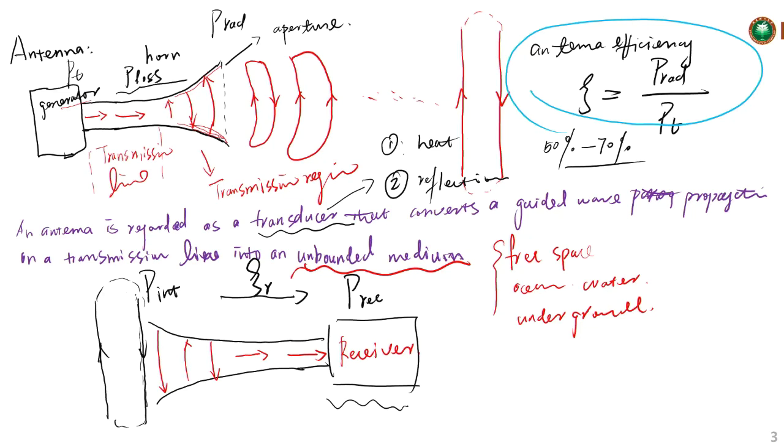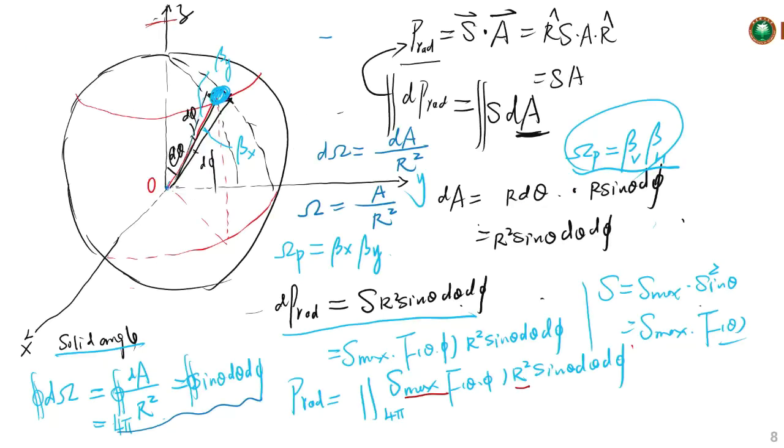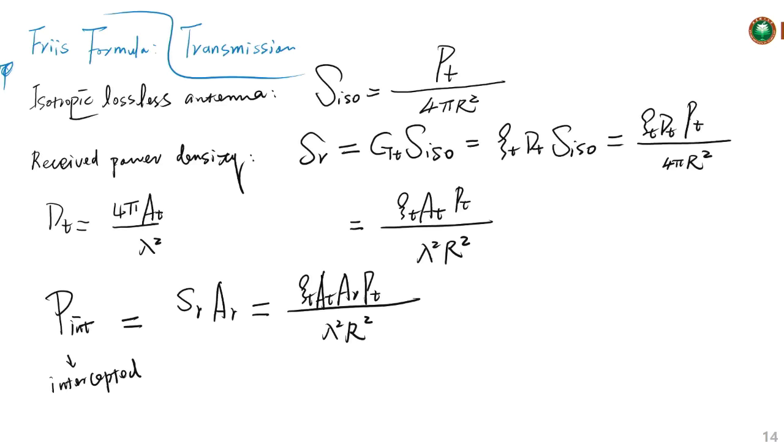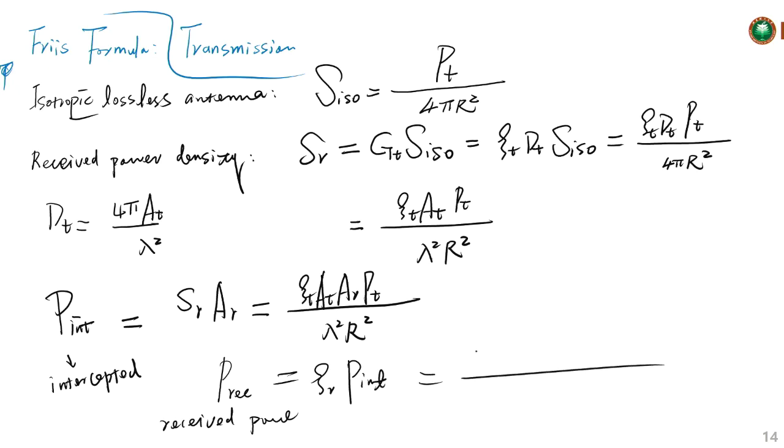So that means when we come back to here, the received power equals psi r times the intercepted power. So it equals psi t, psi r, At, Ar, Pt, the transmitted power, divided by lambda squared and r squared.